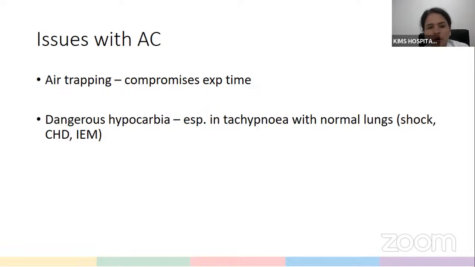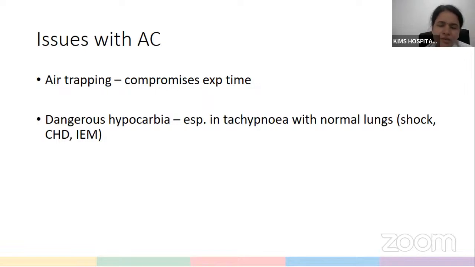The other problem of assist control is that because of the high ventilator breath rate, there can be significant hypocarbia or CO2 washout, especially in a baby who is tachypneic with normal lungs. This we see quite often in a baby with shock, in a baby with IEM, in a baby with metabolic acidosis, where the lungs may be relatively normal.